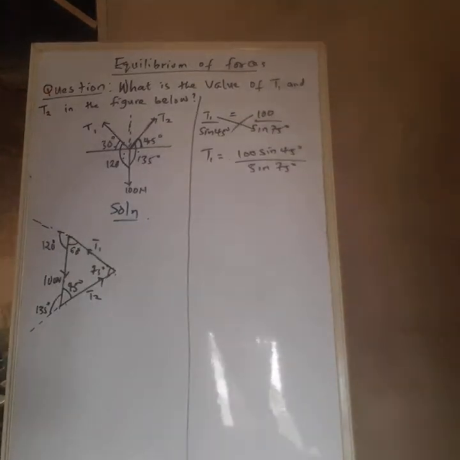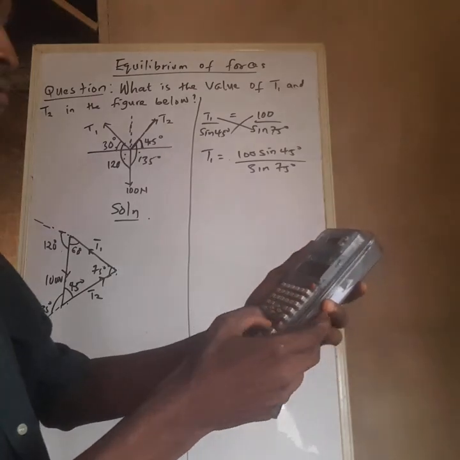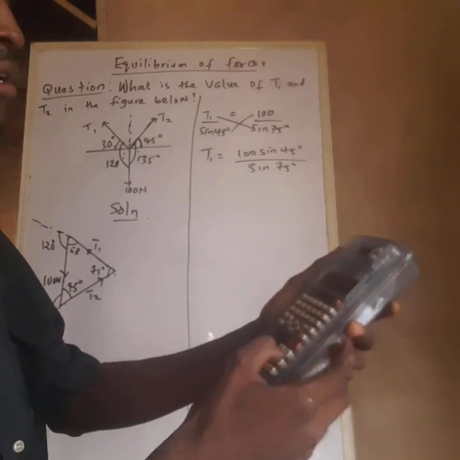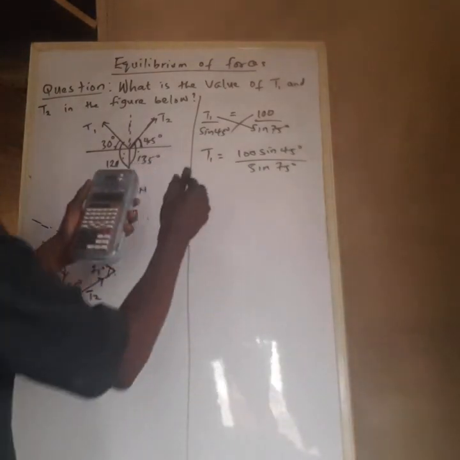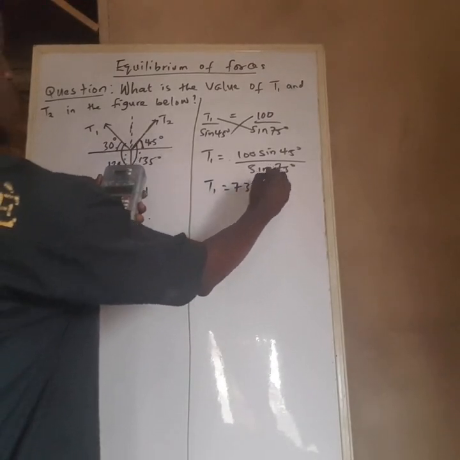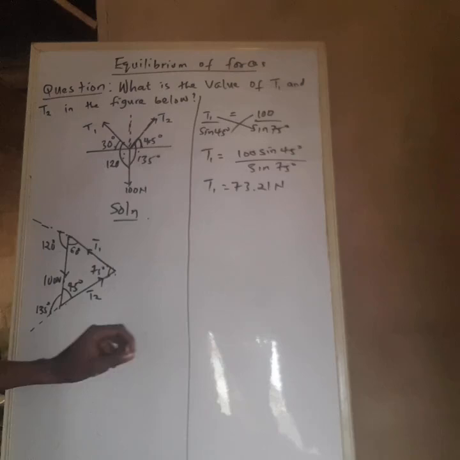Alright, let me get my calculator to resolve it. So 100 sine 45 divided by sine 75. So T1 is 73.21 Newton. This is the value of T1.